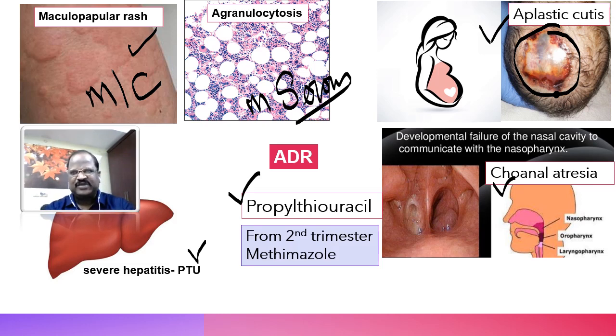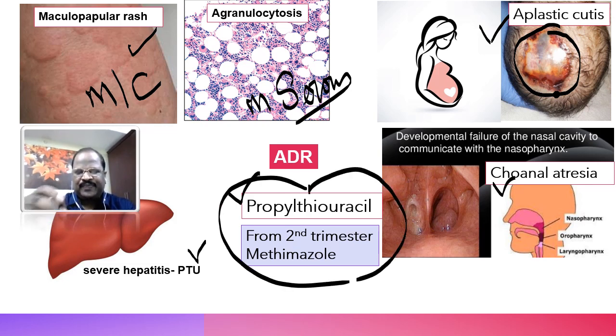So for hyperthyroidism in the second and third trimester, the best option is methimazole. This is a very important MCQ question. I am repeating, in the first trimester the better choice is propylthiouracil, whereas in the second and third trimester, the better option is methimazole.